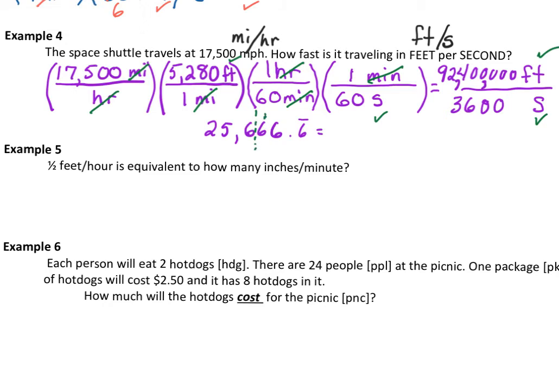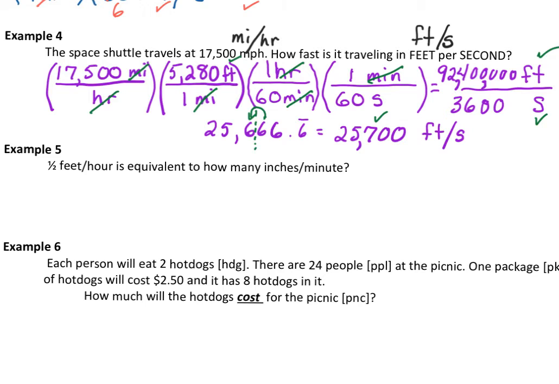Okay, since it's a 6 on the right side of that dotted line I drew, my answer is going to be 25,700. Remember your units. What were my units? Feet per second. That thing is traveling, or was.